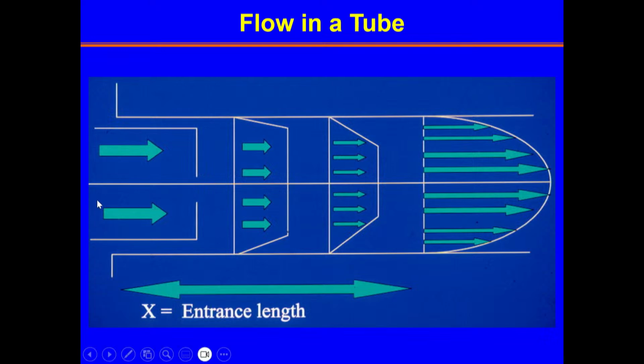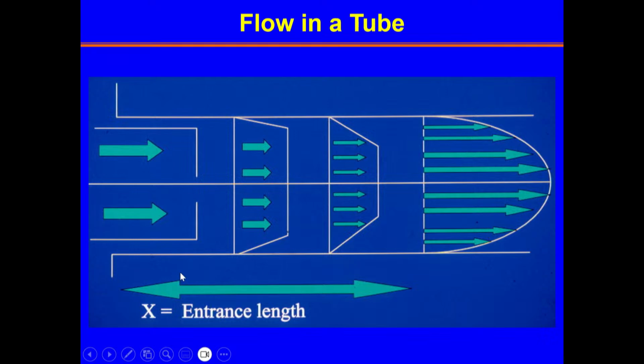Basically, the fluid, as it goes into that tube, is going to move with the highest velocity in the center. And then as you go from the center to the wall of that tube, the velocity will be decreasing, such that it ends up with that parabolic front.